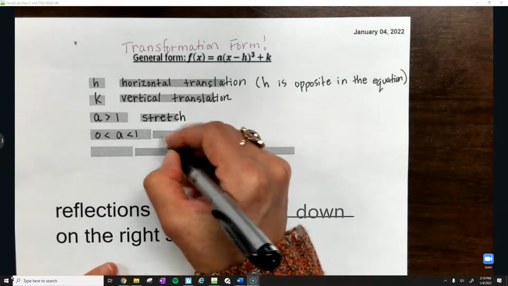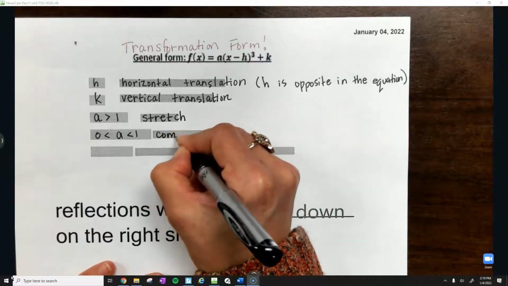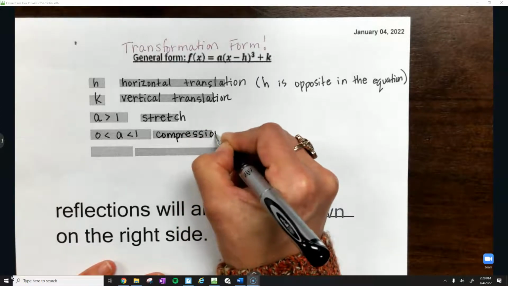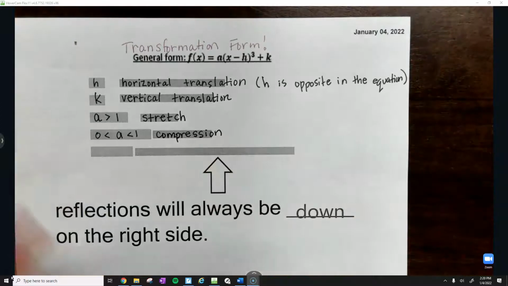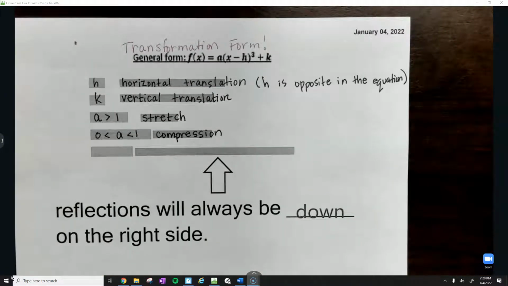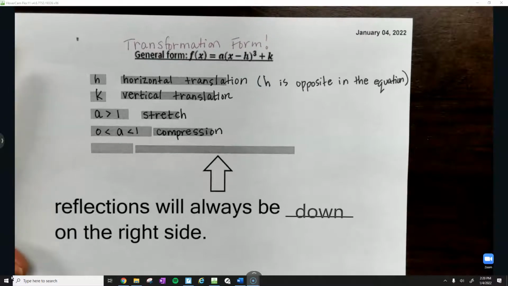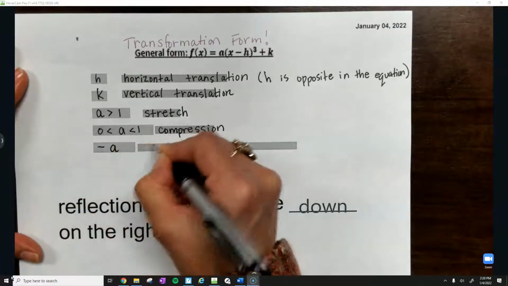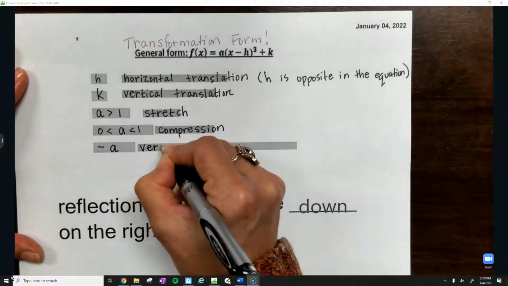So if A is a fraction, it's a compression. Also, guys, when A is negative, this is a vertical reflection.